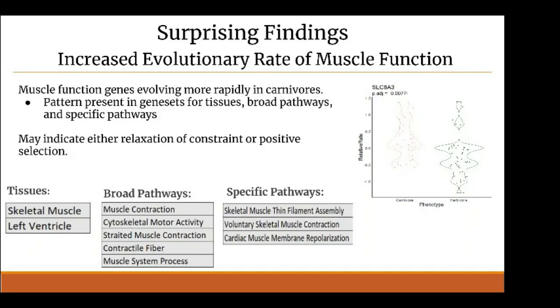Again, as before, we also see this occurring in both broad pathways, such as muscle contraction as a whole, and very specific pathways, such as the skeletal muscle thin filament assembly, with the same pattern of high significance and strong association occurring here. As I mentioned before, this may indicate either a relaxation of constraint or positive selection. At the moment, we don't know. We have further analyses that can be performed to distinguish between the two of them, but that's a future direction.